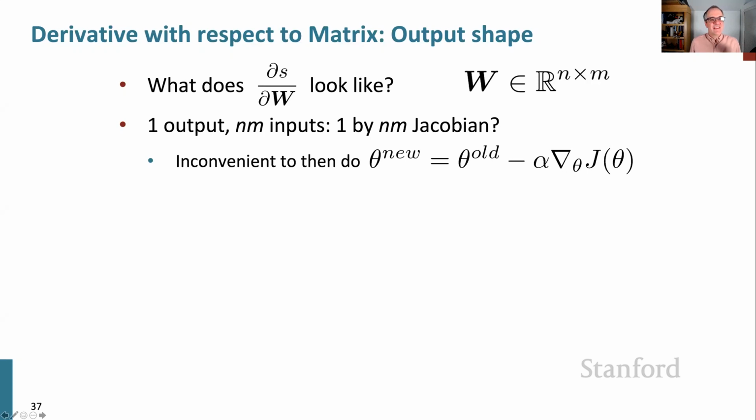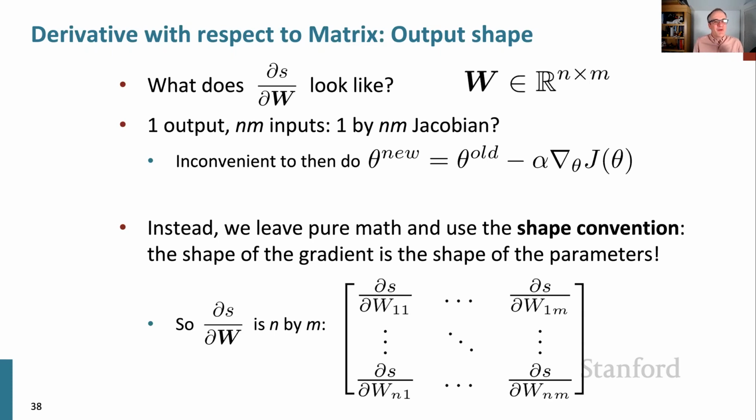And the W matrix is an n by m matrix. So we couldn't actually do this subtraction if the gradient we calculate is just a huge row vector. We'd like to have it as the same shape as the W matrix. In neural network land, we depart from pure math at this point, and we use what we call the shape convention.